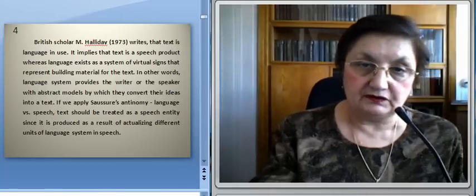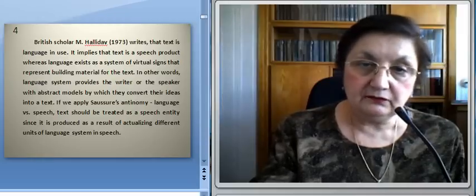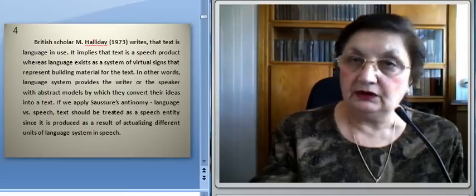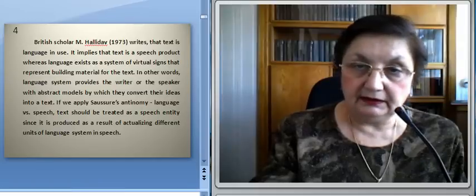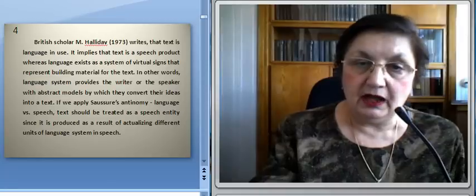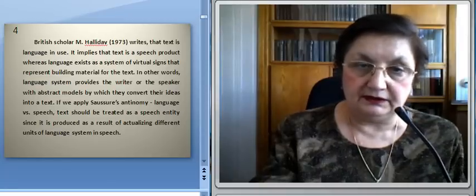It implies that text is a speech product, whereas language exists as a system of virtual signs that represent building material for the text. In other words, language system provides the writer or the speaker with abstract models by which they convert their ideas into a text.